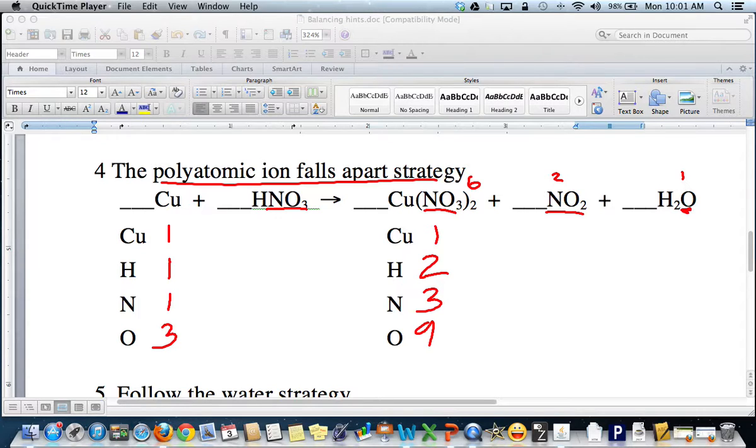So if you recognize what's happening, you have a polyatomic ion and it's falling apart. You might want to not try and use one of the other strategies, but maybe you'll try this strategy. Okay? All right. If I've got 3 nitrogens, 2 of them here, 1 of them here, that means I had to start with how many nitrates on the other side?